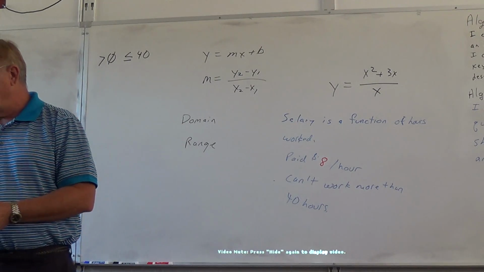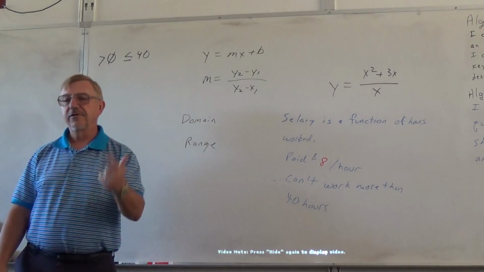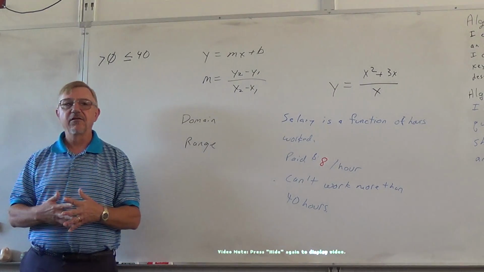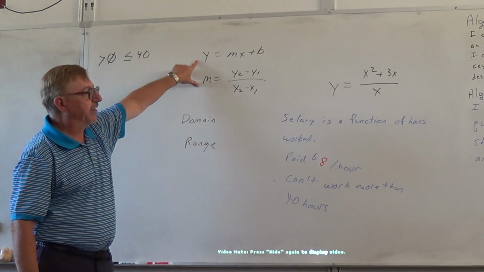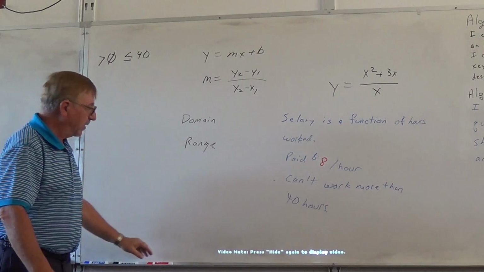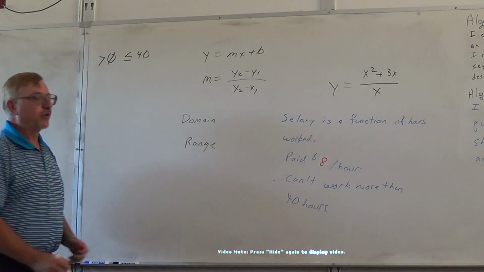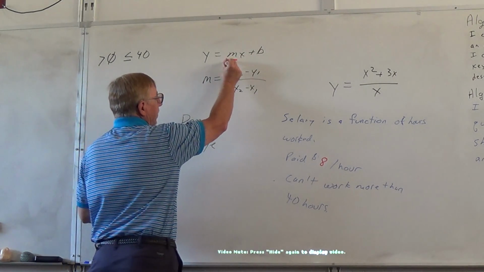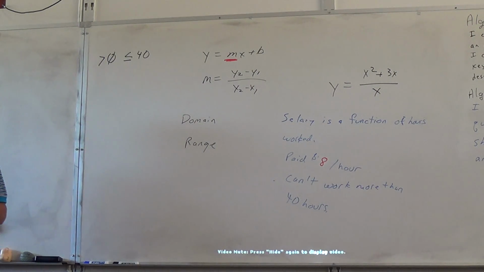continue on slope, rate of change, these things that we've been talking about. Okay, we've talked again about these 2 methods of finding the slope. Remember, when it asks for the slope, if you can put it into y equals mx plus b, this value, the coefficient of x, is your slope.